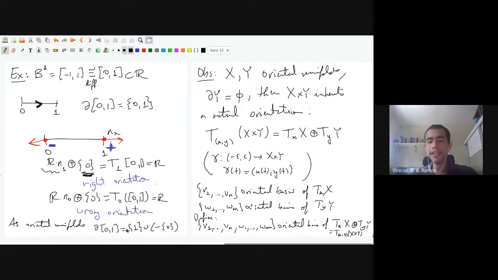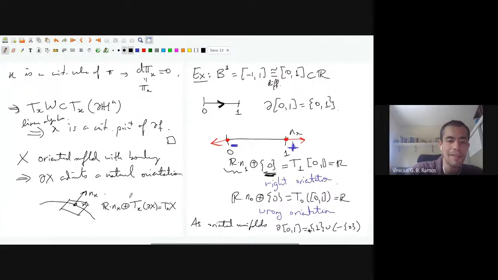Okay? In general, when we write a direct sum of vector spaces, if these vector spaces are already oriented, then the direct sum has a natural orientation, which is kind of what happened already in this notation for the boundary. We basically said, if we know the orientation of two of them, then the third one is specified.